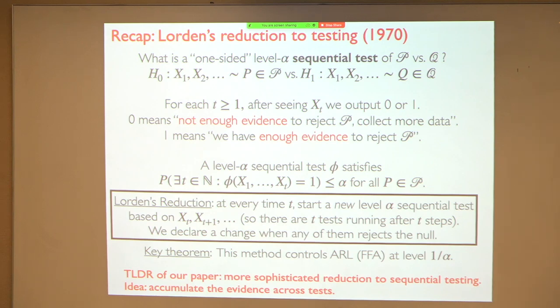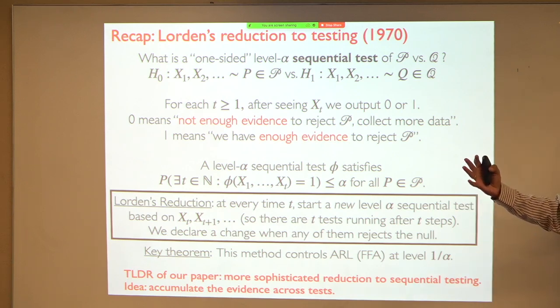And the TLDR of our paper is we have a more sophisticated reduction to sequential testing, which shouldn't use sequential tests, which are 0-1 decisions, but should use e-processes instead because they are evidence, and you can actually accumulate the evidence across various tests. Here, all the burden of evidence is on one test, because if one test rejects, I can stop and declare a change point.